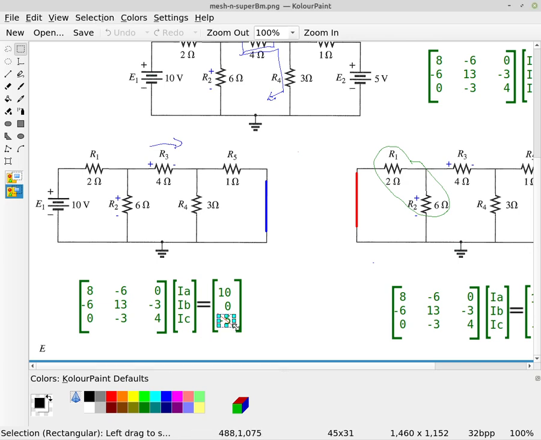The resistance vector doesn't change, so all we have to do is remove the 5 volt.